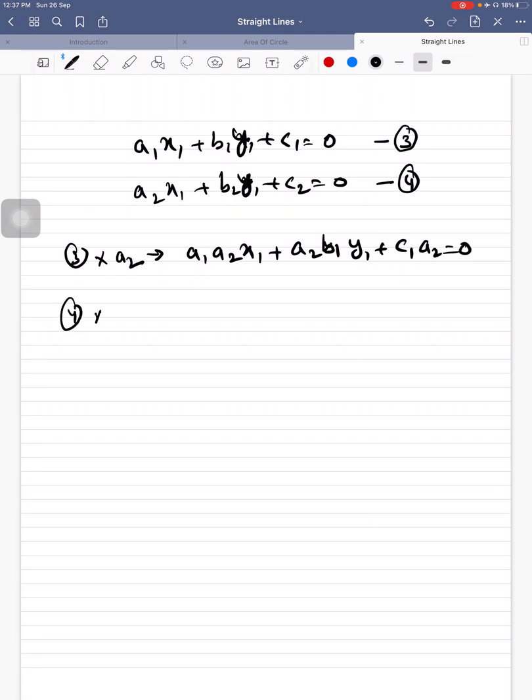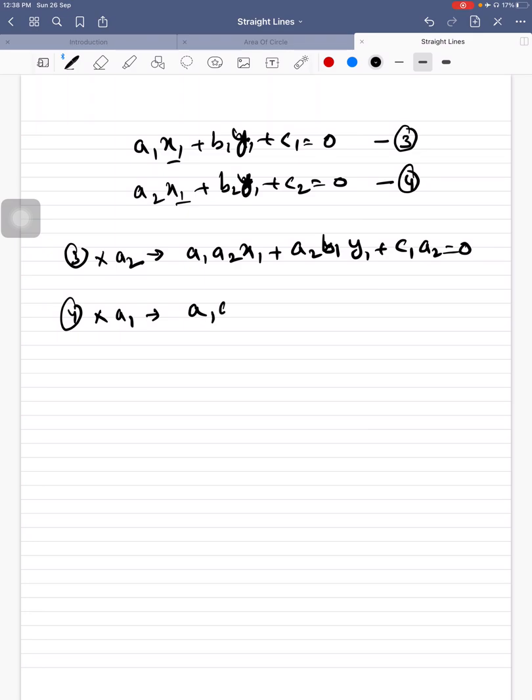Now multiply 4 by a1, that means equate the coefficients of x1 in the two equations, then we can easily solve the equations by subtracting or adding according to the sign of the coefficients.